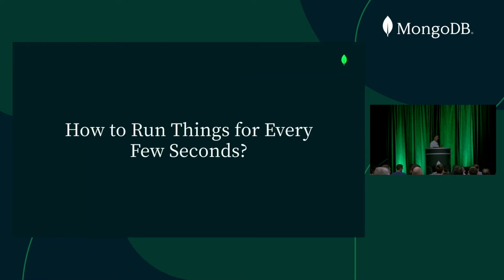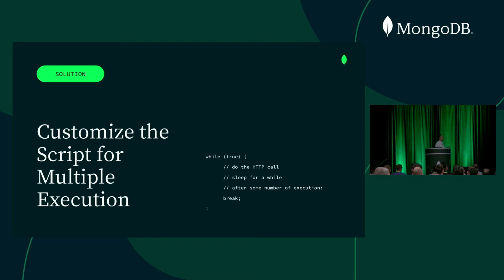The thing is that Atlas provides a way that you can execute the functions every minute, but my idea is that I need to execute this function every few seconds, right? Because I would like to keep my data up to date. In order to do that, I did some trick.